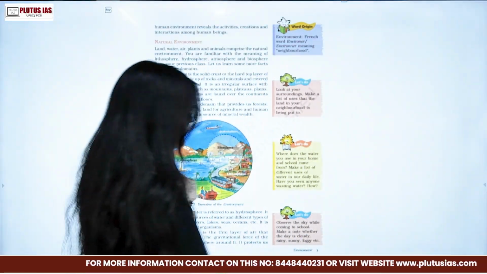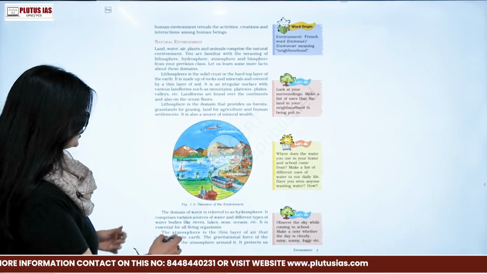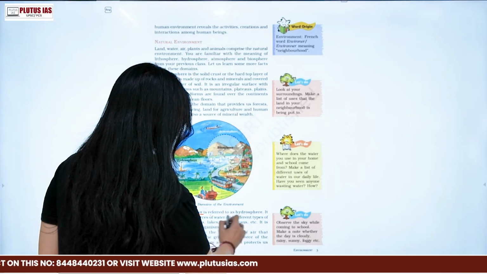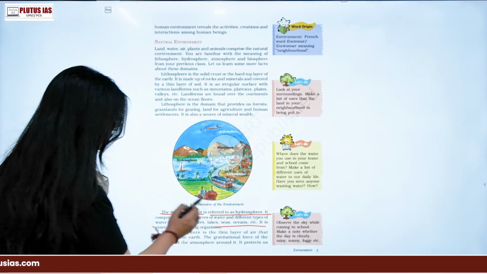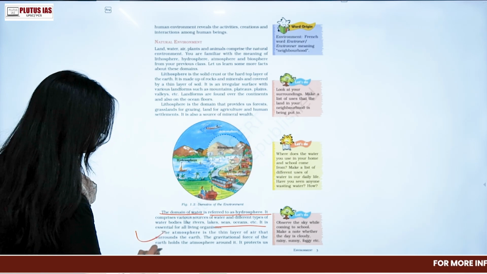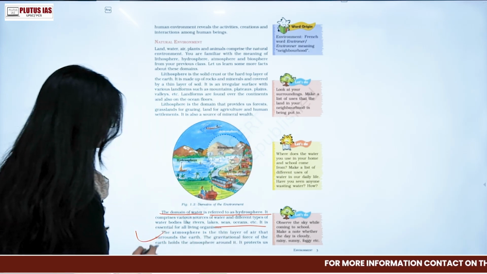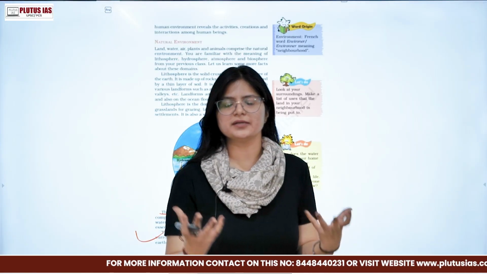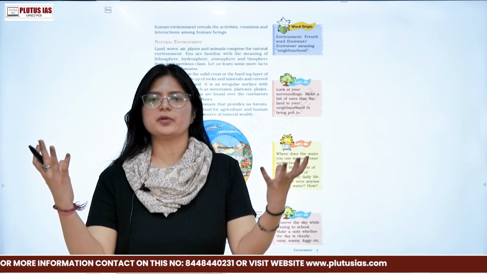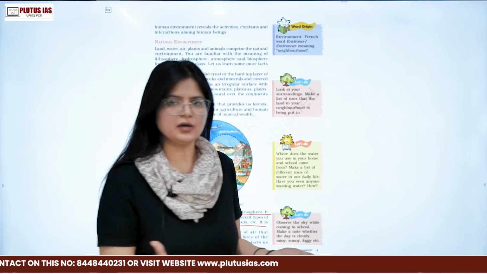Okay, so we will be reading out the NCERT's line. The domain of the water is referred to as hydrosphere. It comprises various sources. I have discussed all of the sources with you, and atmosphere also I have discussed is a thin layer of air that surrounds Earth. Now what is keeping the atmosphere here? It is the gravitational pull which is keeping the atmosphere just above the Earth, okay?